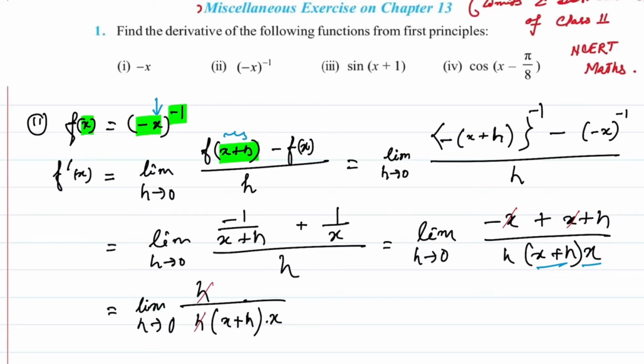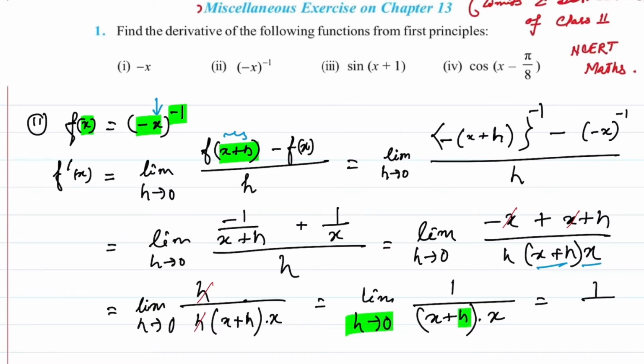So here h is cancelled, and we will get limit h tends to 0 of minus 1 by x plus h into x. As h tends to 0, this h can be replaced by 0, and then you will get minus 1 by x into x, that is x square.